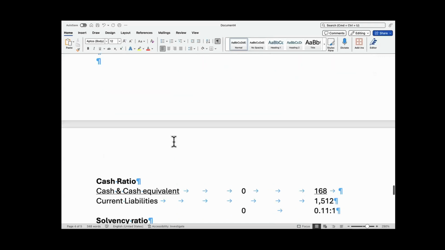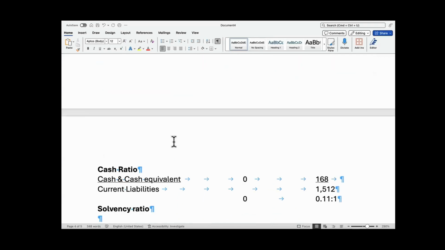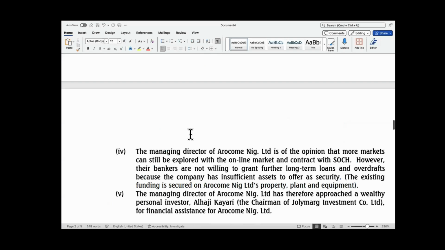If you understand how to analyze this, you'll find it easy to analyze any other ratio. Beyond analysis, we need to relate it to the context given in the question. All of that we're going to look at next week.